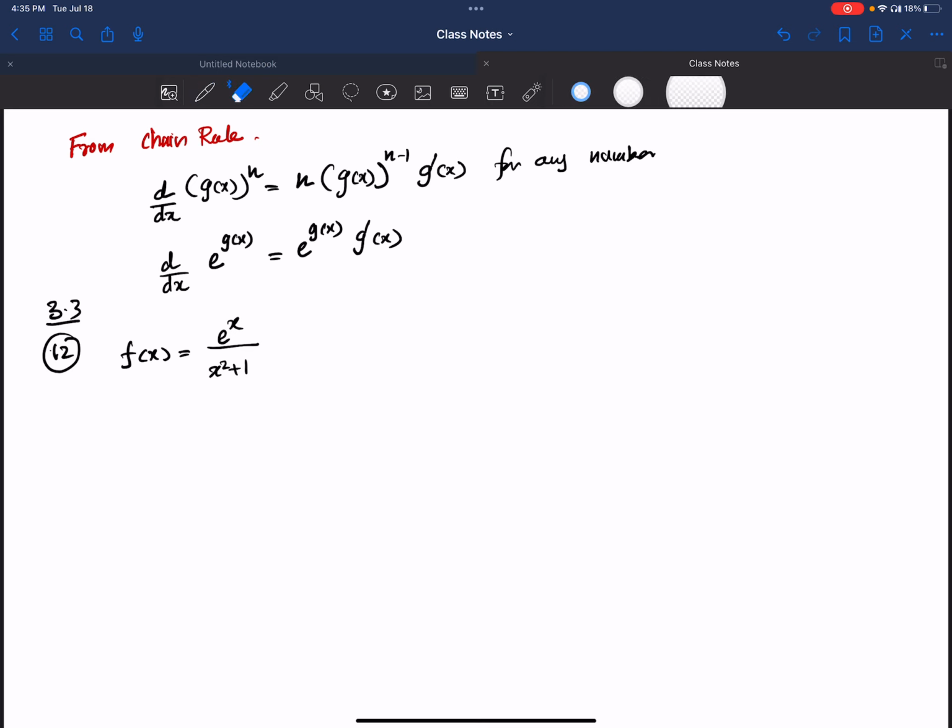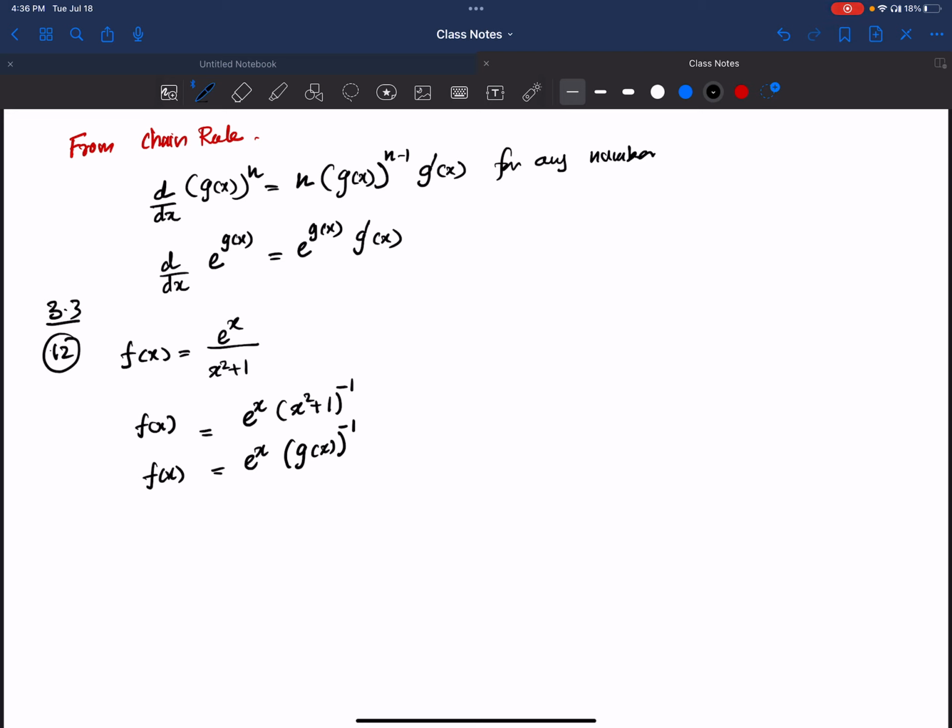So here I can take it as a product rule. f of x equals e to the power x times (x squared plus 1) to the power negative 1. So if I take f of x, e to the power x, this is g of x to the power negative 1, right?